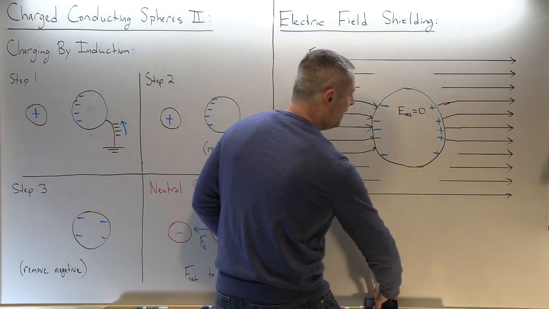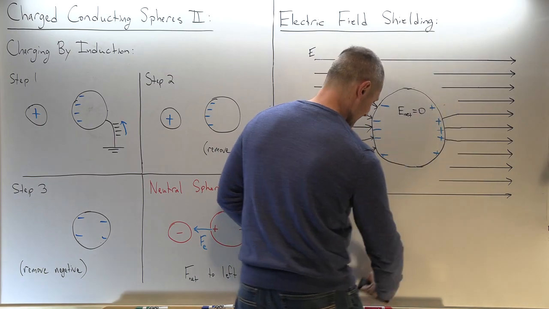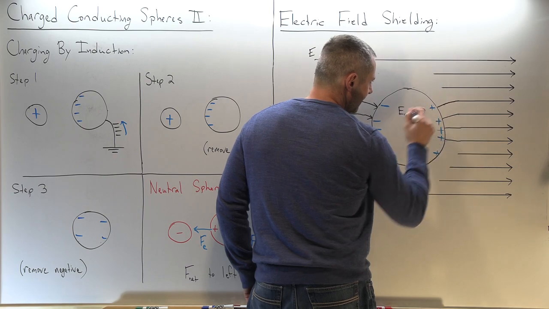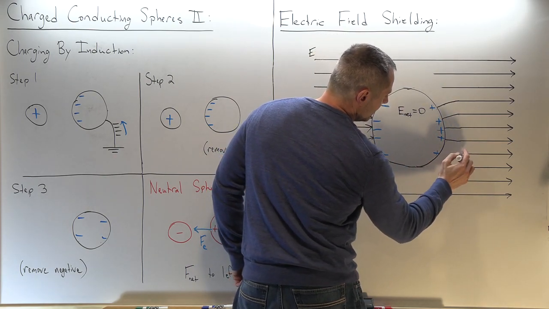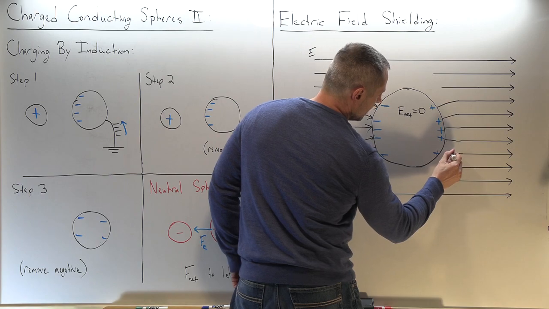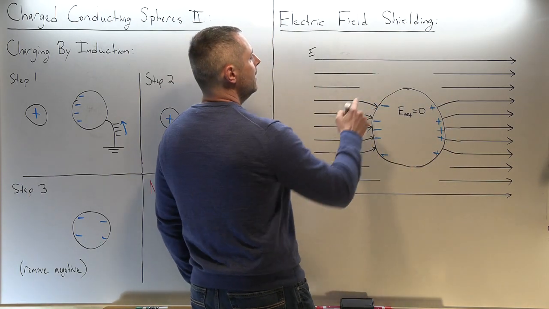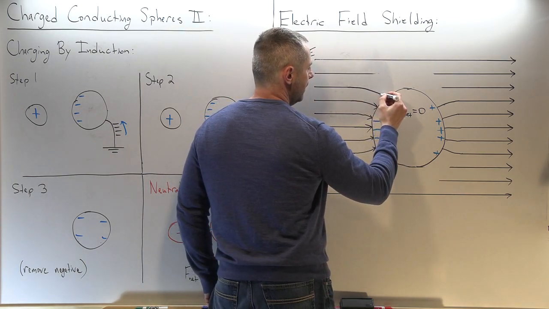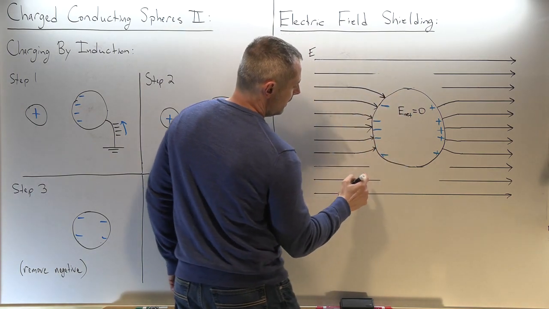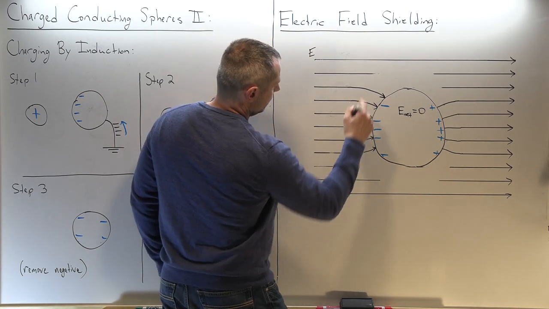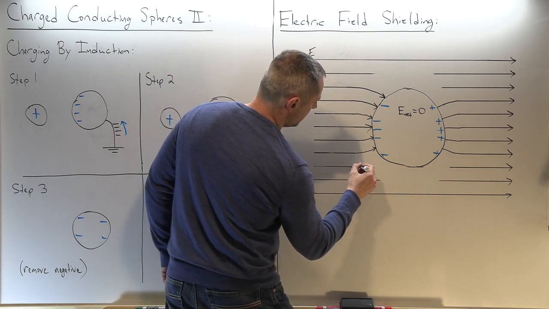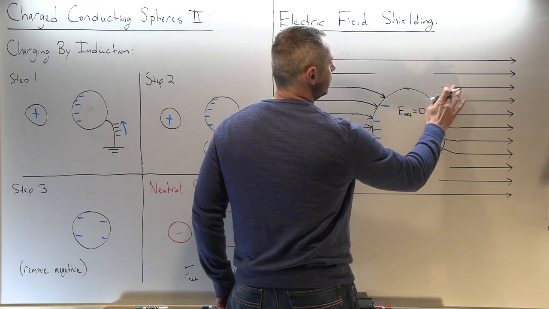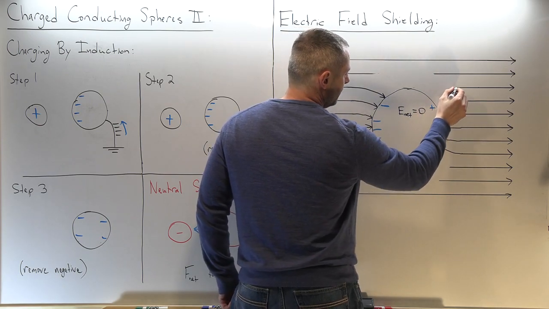Having trouble today. Okay, let's try it again. There. This one here curves gently in and strikes at a 90 like that. This one here, try and make it symmetric with that one. And then try and make these have the same pattern but going out of the metal.